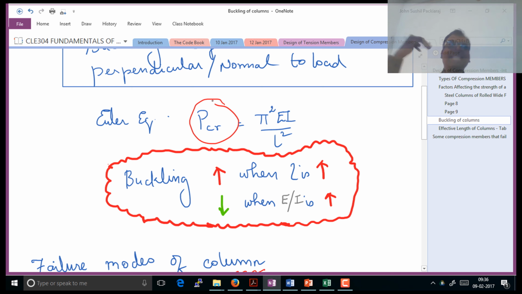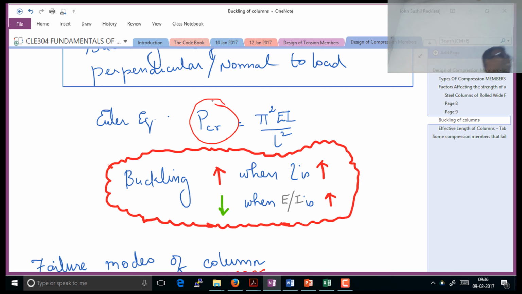So critical load of the column is much lesser when your length is increased. Then if I am increasing the stiffness of the column, what happens? Automatically the crippling load reduces.